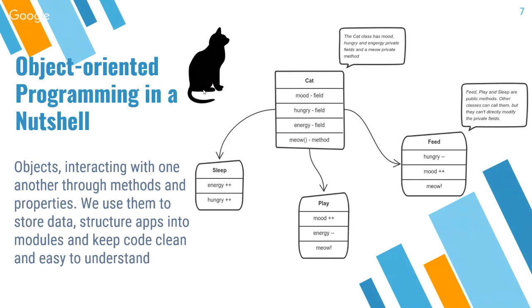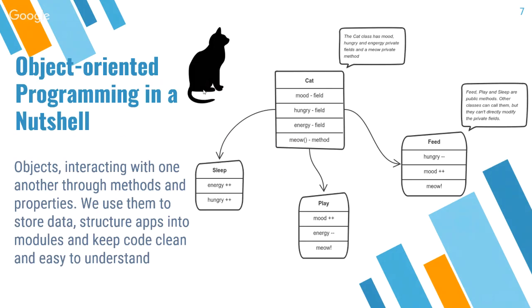If it uses the play object, its mood field goes up, but its energy goes down, and the meow method is called as well. And finally, the feed object decreases the hunger of the cat and enhances its mood and also calls the meow method. That's just a bit childish example of object-oriented programming.